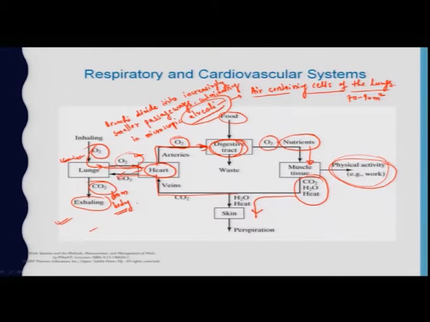Since we are more concerned with physical activities, what happens exactly when the demand of physical effort arises?